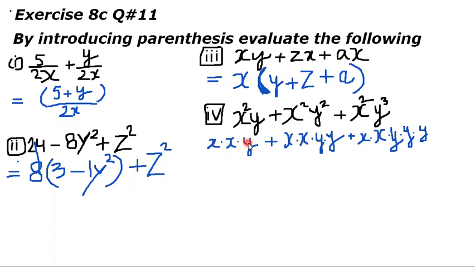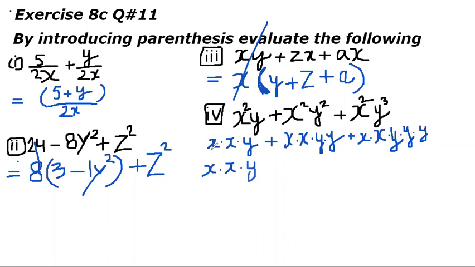The first y is common in all the three terms. So I will write the common factor x, which was first x, second x, and y.